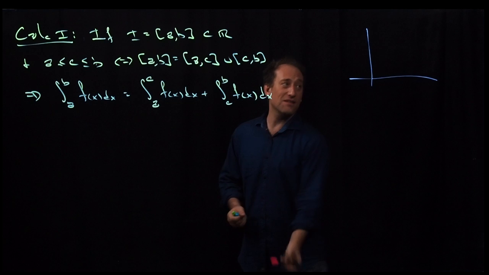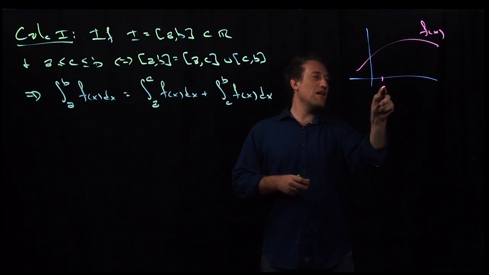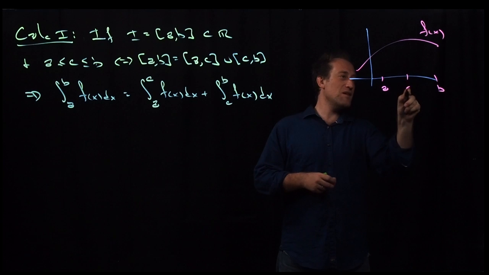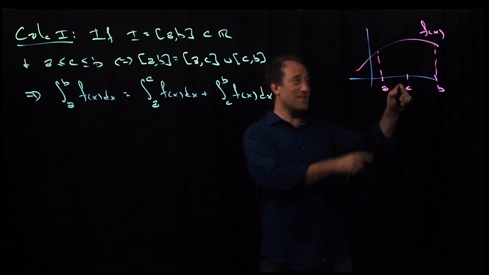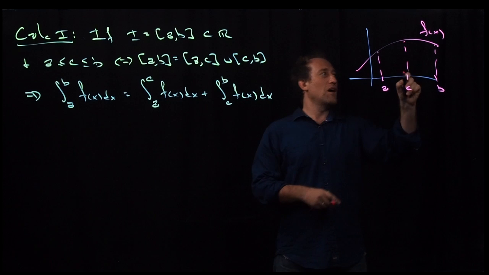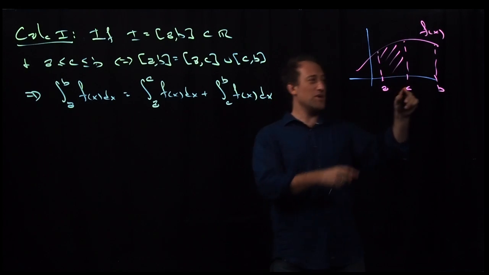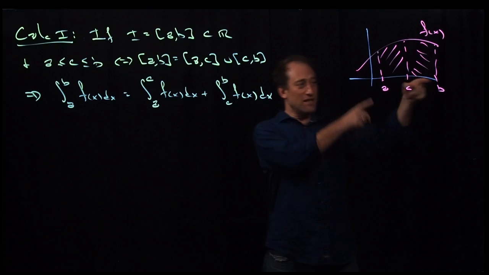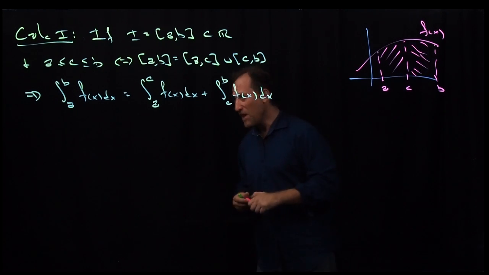Namely, you've got a function f of x there, there's a, there's b, somewhere in the middle is c, and the justification is that the entire area under f between a and b is the same thing as the area between a and c added to the area between c and b.